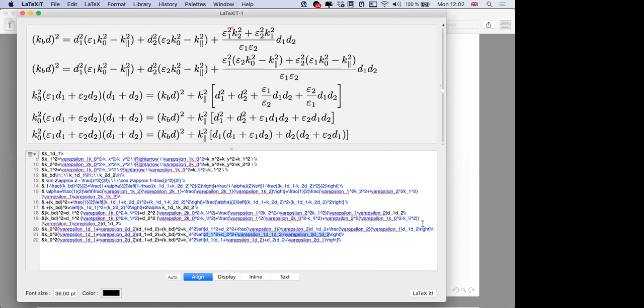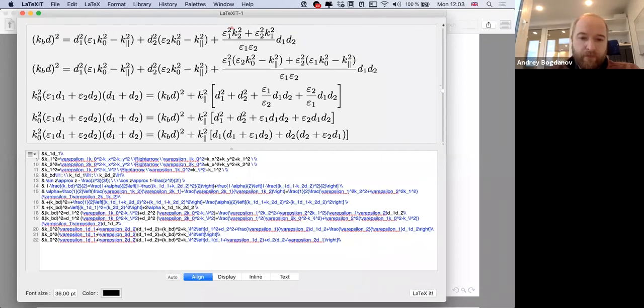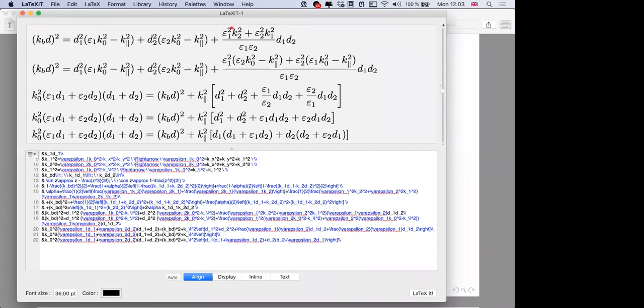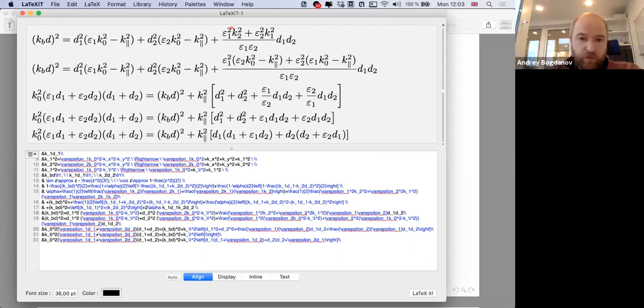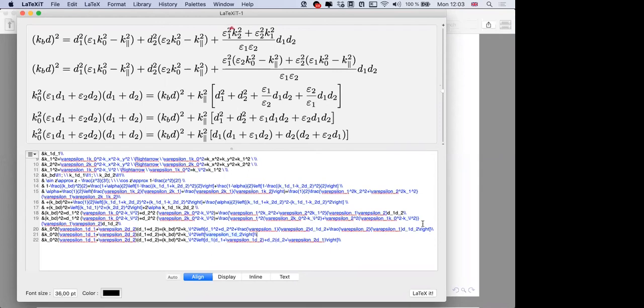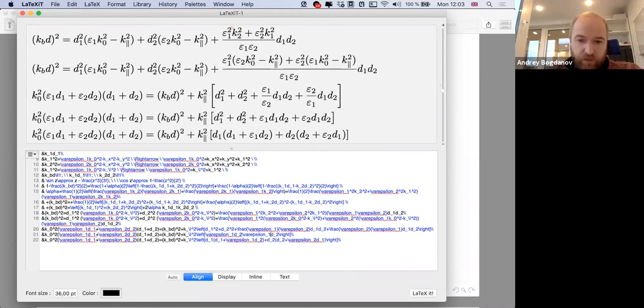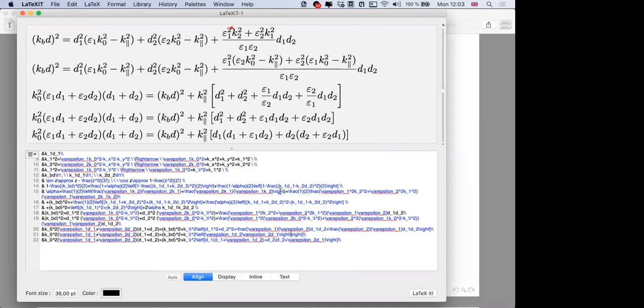Yes, just a second. It should be in the first bracket: epsilon 1 d2 plus epsilon 2 d1. Okay, plus epsilon 2 d1. Yes. Then another bracket.